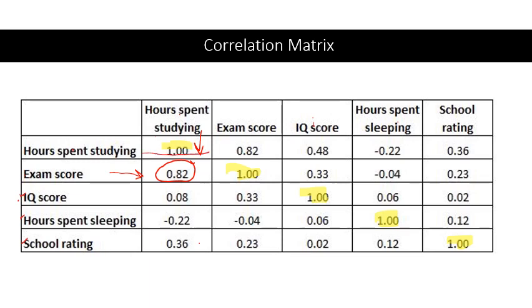And it's also shown here as the same 0.82. It's written twice. Hours spent sleeping corresponds inversely with hours spent studying. As sleep goes up, studying goes down. And you can see it's listed here as minus 0.22, a weak negative correlation. And also, if we follow hours spent studying across, we can see it right here, this minus 0.22.